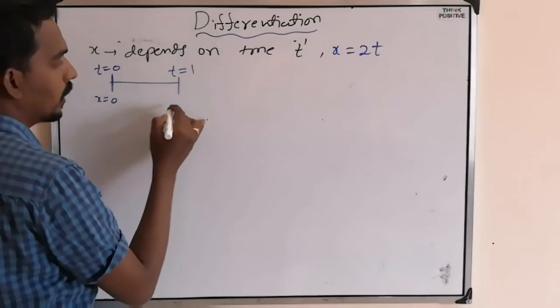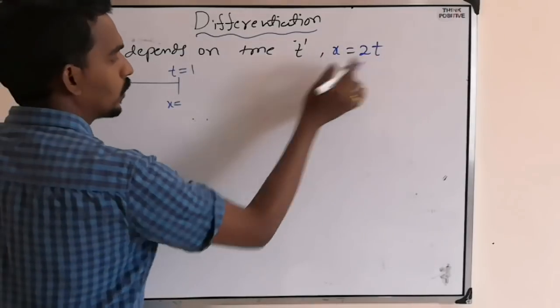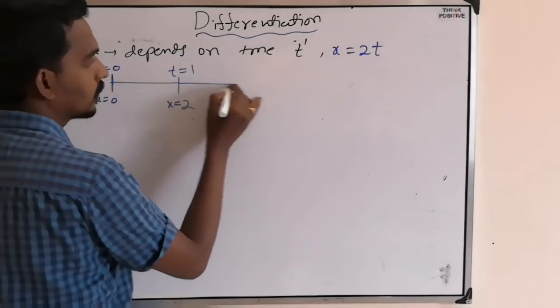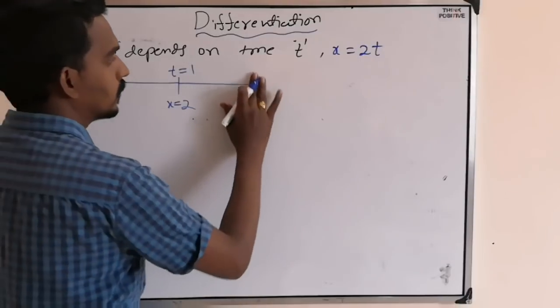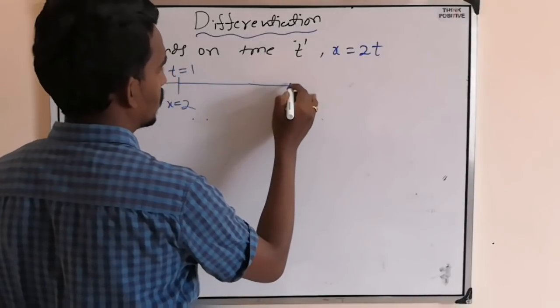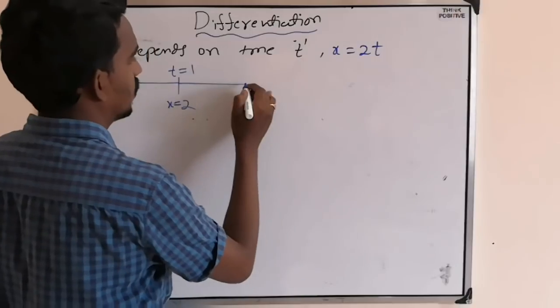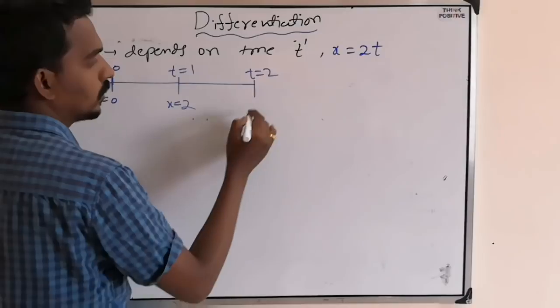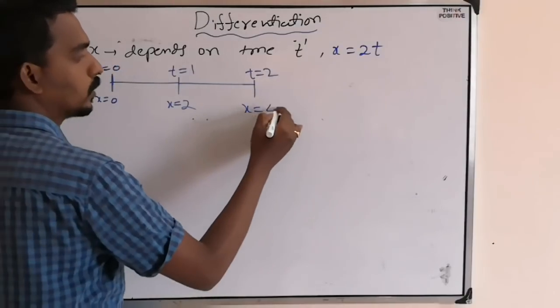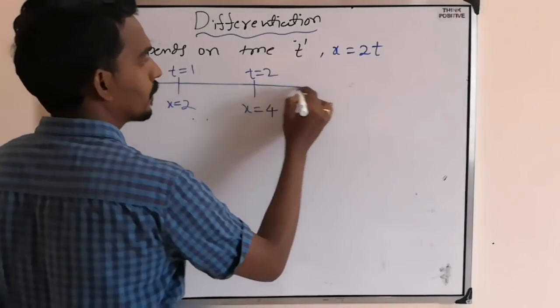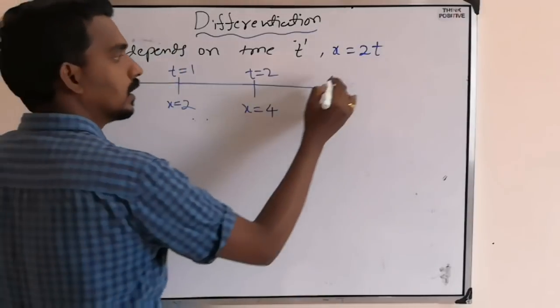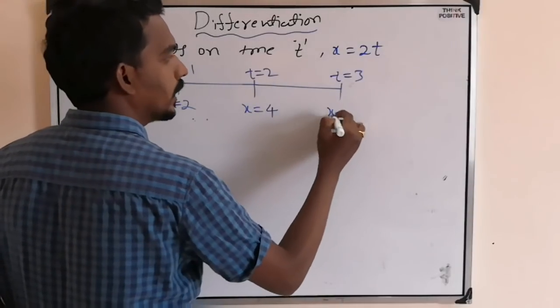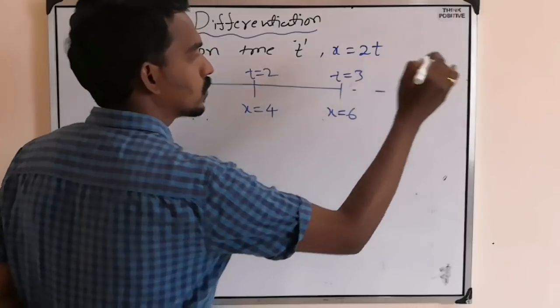At t equal to 1, x is 2 into 1, 2. At t equal to 2, x is 2 into 2, 4. Then at t equal to 3, x equal to 6, and so on.